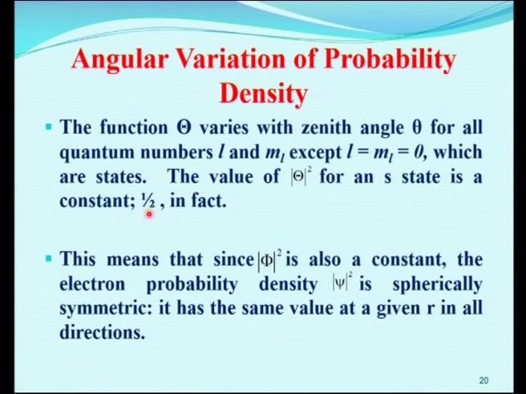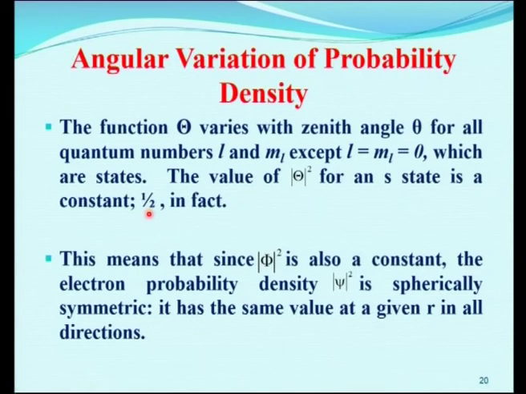This means that since modulus Phi squared is also a constant, the electron probability density modulus psi squared is spherically symmetric. It has the same value at a given r in all directions.